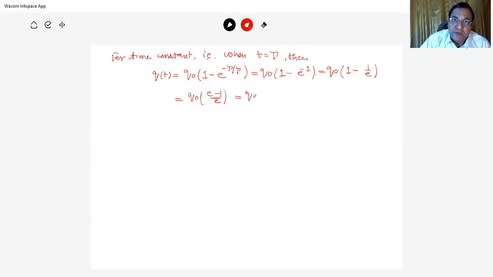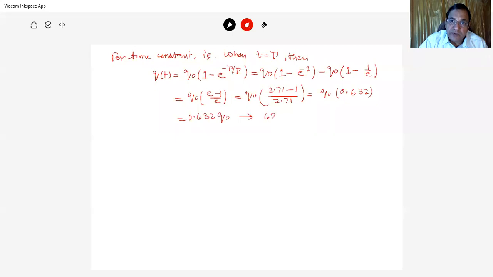With e value 2.71, Q0 (2.71 minus 1) upon 2.71, and this value is nothing but 0.632 Q0, or 63.2% of Q0. This is Q of t when t is tau.